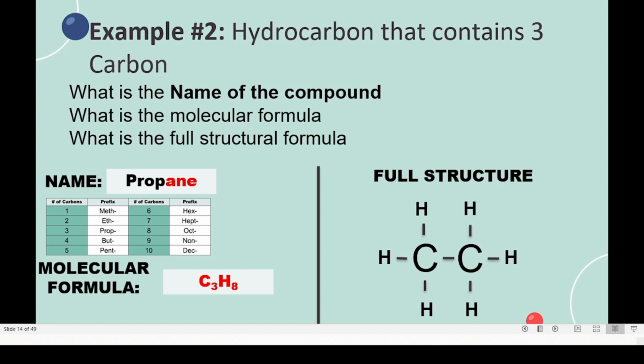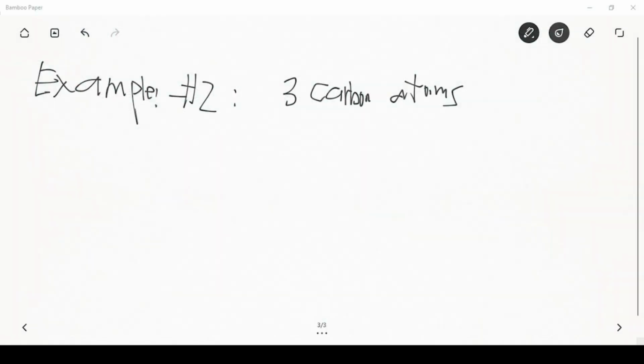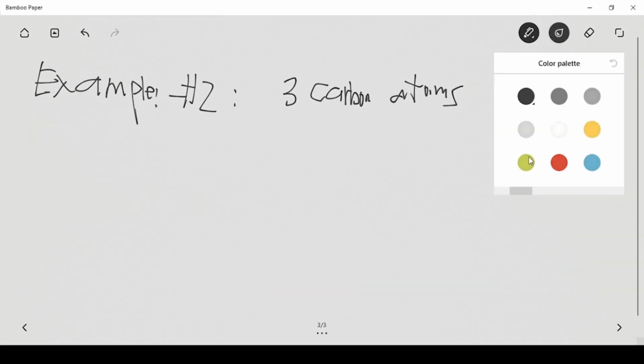The teacher gave you a compound that contains 3 carbon atoms. Now, the things that you need to look at here are the name of the compound and the molecular formula. So let's put it here.